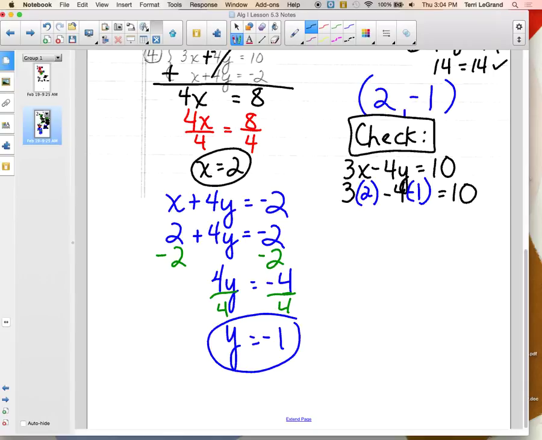Three times 2. What's next? If we change it to add the opposite, this is a -4 being multiplied times a -1, so it is plus 4, isn't it? 6 plus 4 is 10. Equals 10. Check.